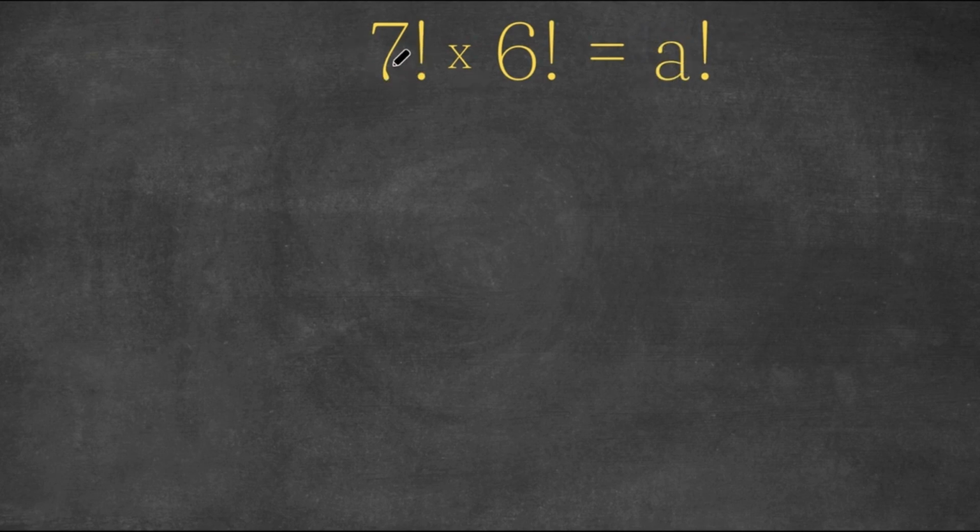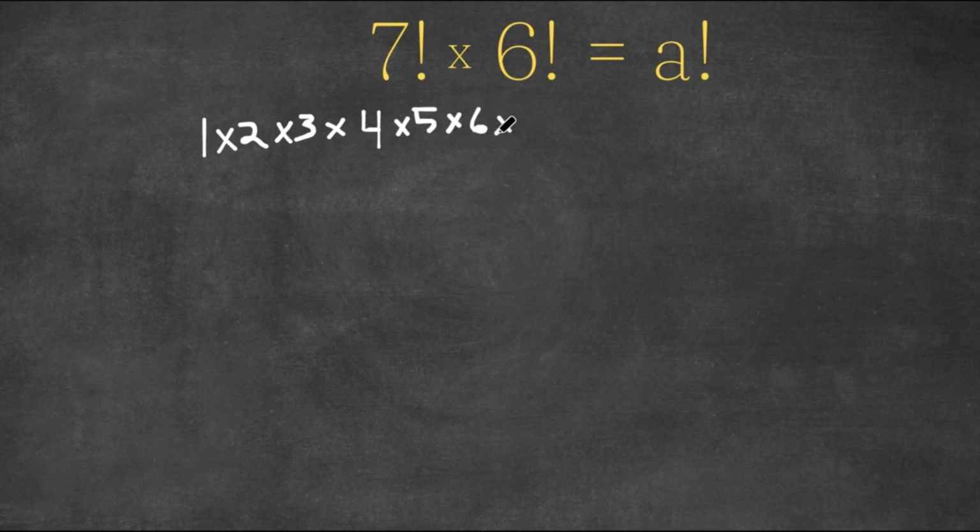Well, first, let's rewrite these. 7 factorial is the same thing as 1 times 2 times 3 times 4 times 5 times 6 times 7.